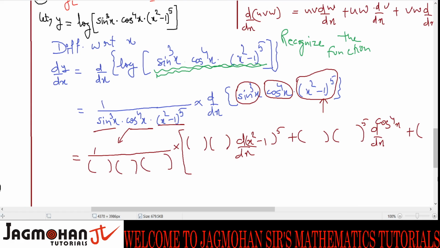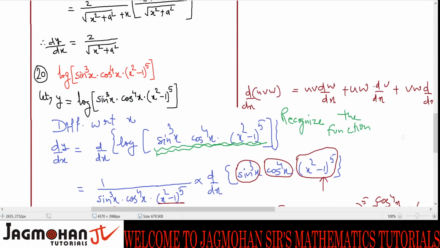See, we can simplify the given function, because we have got log of m into n into p. We know log of m into n is log of m plus log of n.